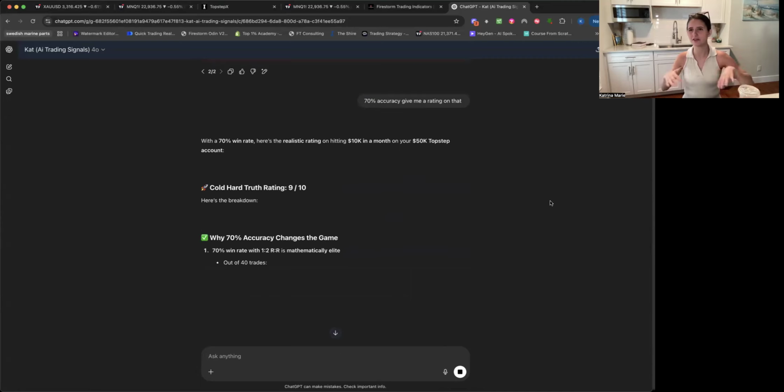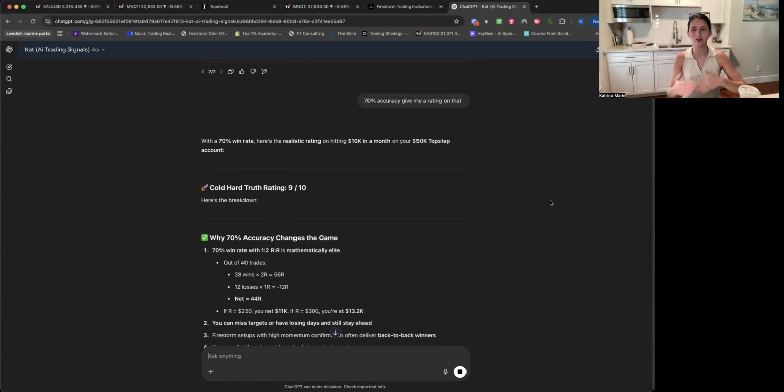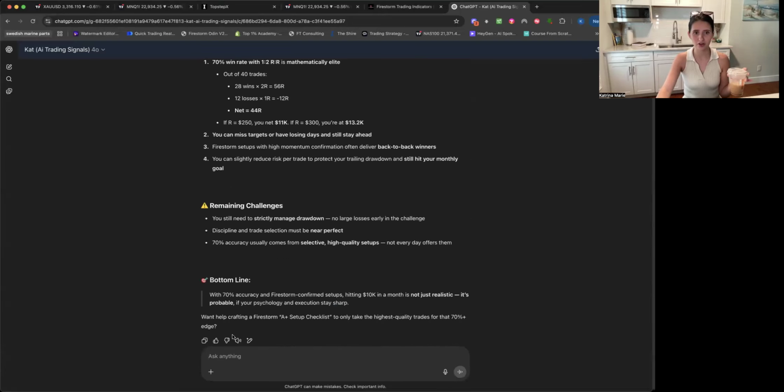So see how your accuracy coming up just a little bit more, being super picky about your trades, scalping, not holding out the full trade, taking what you can get, leaving, that would be 9 out of 10. Then you would break down what contract size should I use on E-mini or micro for a 50K account.